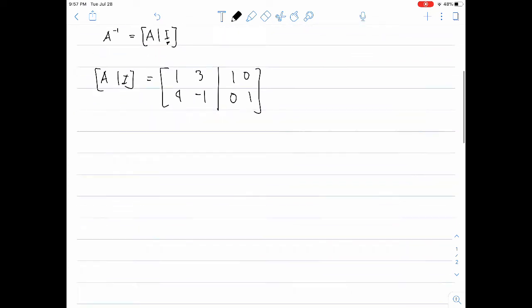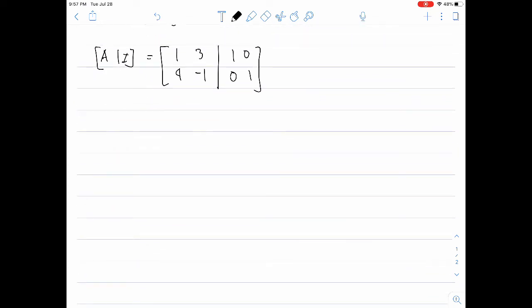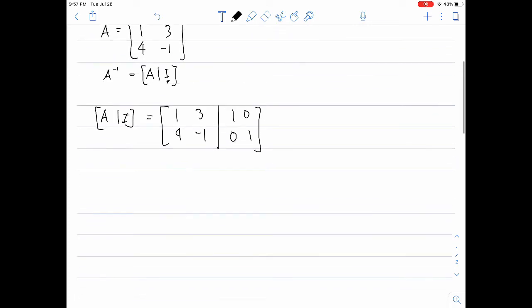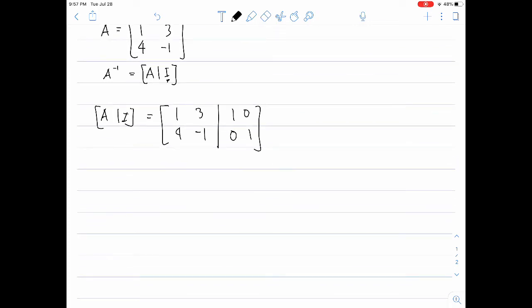Okay? So first, we're going to make this part become the identity matrix. To do that, dapat 1 tanan ang diagonal, then 0 ang the rest. Since 1 naman ang first, wala na tayo buhaton diri.